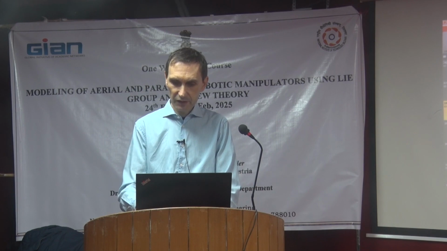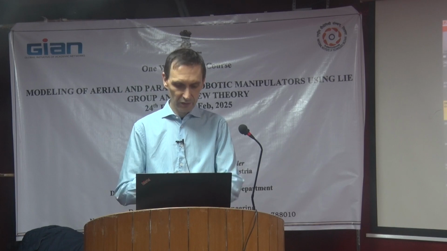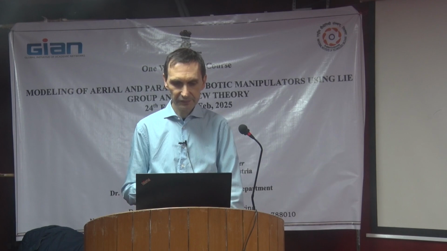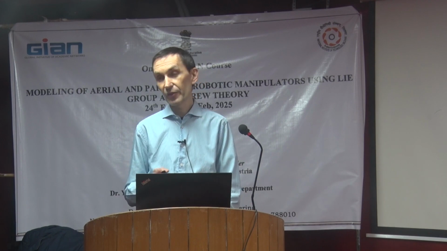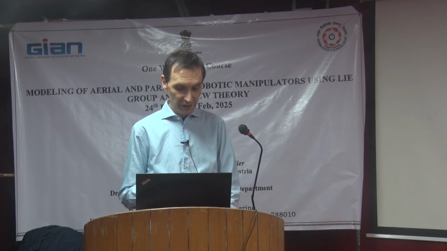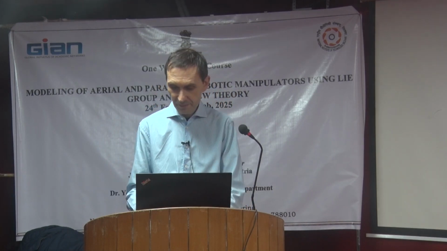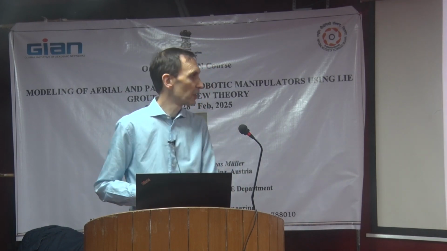Right, so we need to proceed, I guess, to the next part. And the next part is about velocities. That is maybe not so easy, because we all have a different notion of velocities and twists and so on. But let's see.